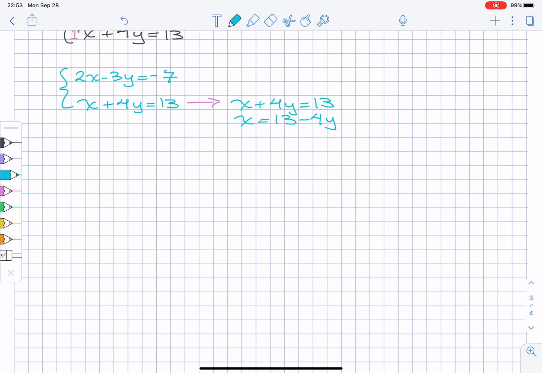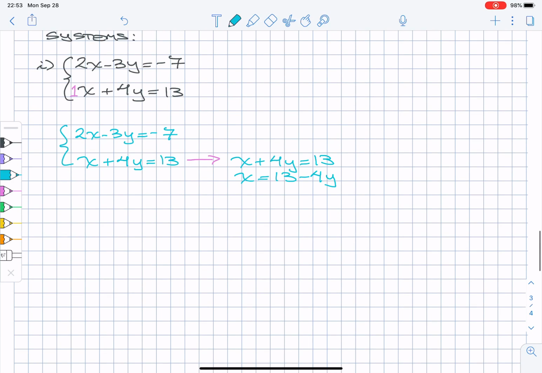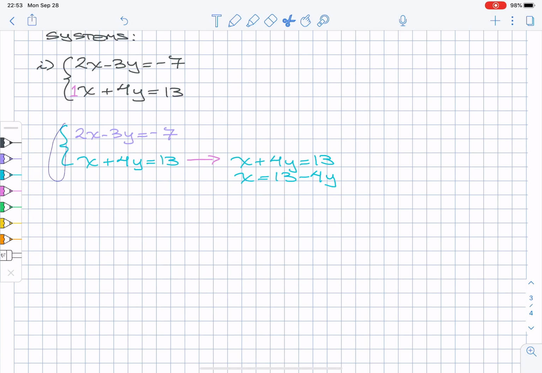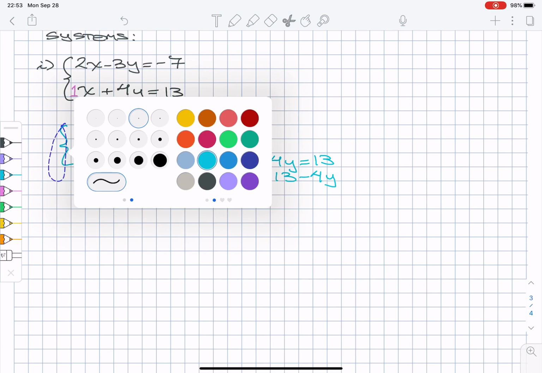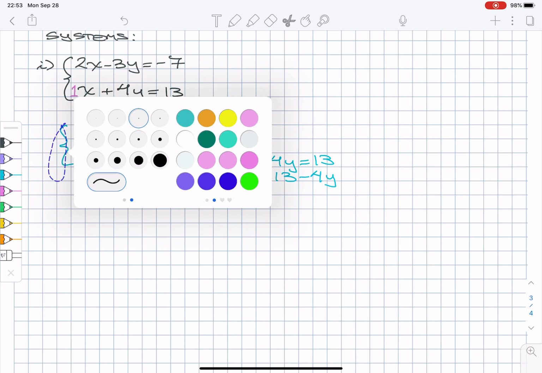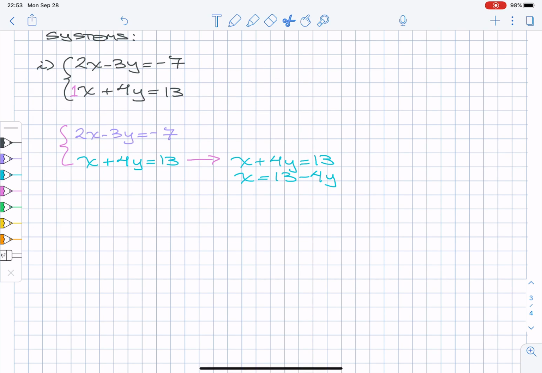Then I'm going to take the first equation, and maybe I should color code it. Let's make this purple, which means I'll have to make this something else like pink. Okay.